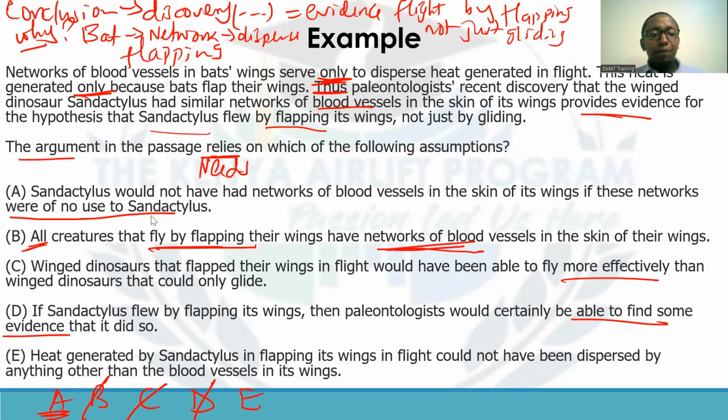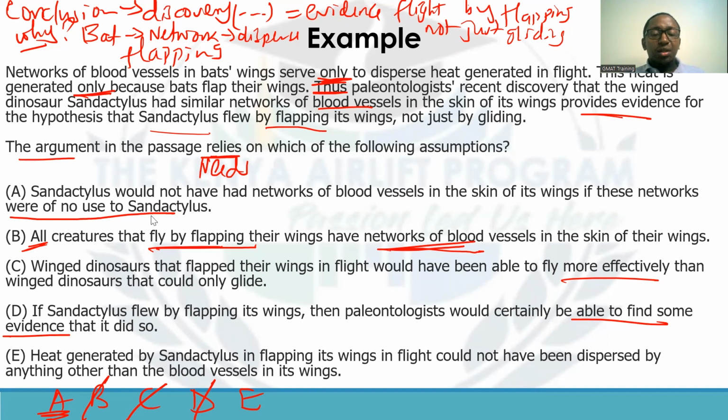E, heat generated by Sandactylus in flapping its wings in flight could not have been dispersed by anything other than the blood vessels in its wings. So let's assume for a moment that the heat was able to be dispersed by anything other than the blood vessels. So something else would be able to disperse this heat. Could that mean that we could say that the Sandactylus did not flap its wings?